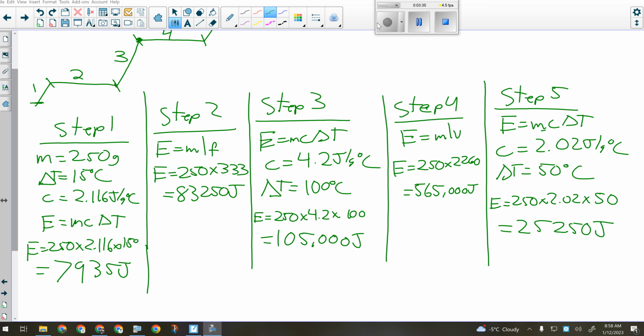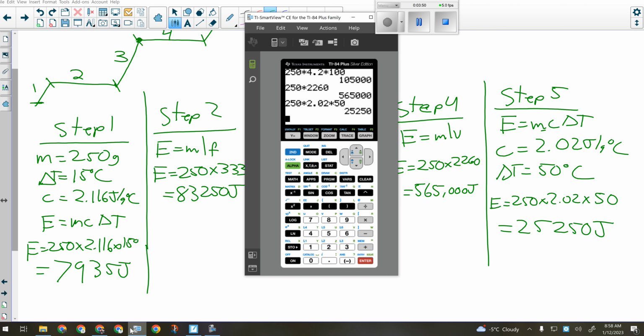Okay, so now we have that. What do I do with all of those numbers? Add them all up. Yeah, I'm looking for the total amount of energy. Step one required 7,935. Plus that, plus that one, plus that one, plus that one.